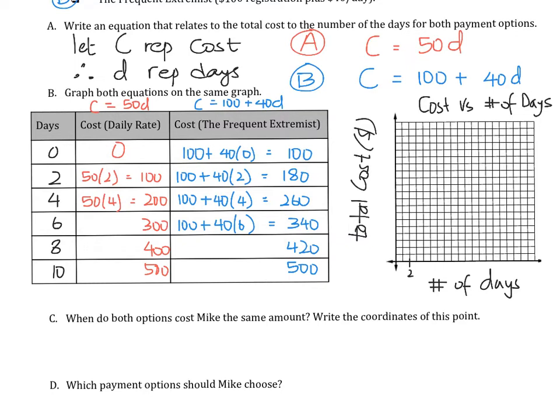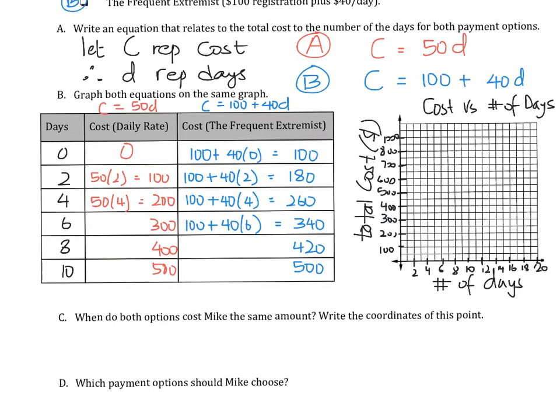So it's going to be 2, 4, 6, 8, 10, 12, 14. And for the cost, I'm going up by 50s. So every other block would be 100. So you can pause the video and label your graph.